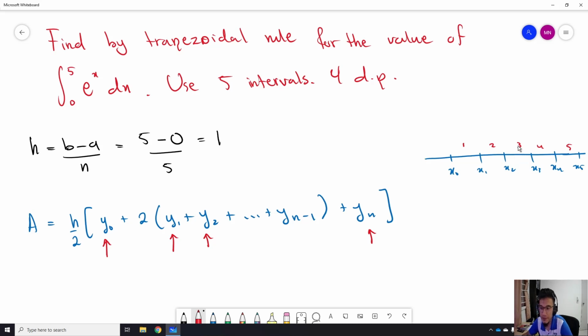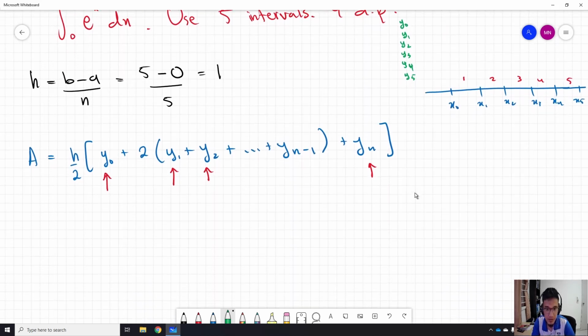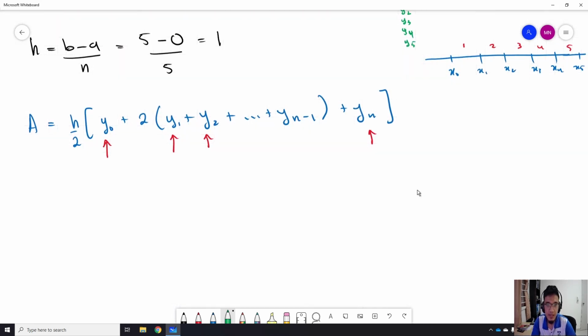So we have 5 intervals and 6 ordinates. So 6 ordinates of x will have an equal number of y: y0, y1, y2, y3, y4 and y5. Also 6 values of y. So what we need to do next is to find the value of y.